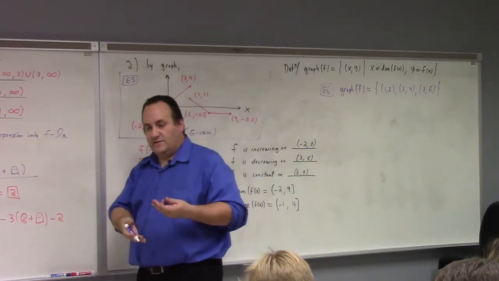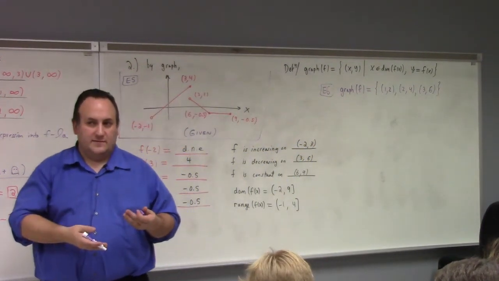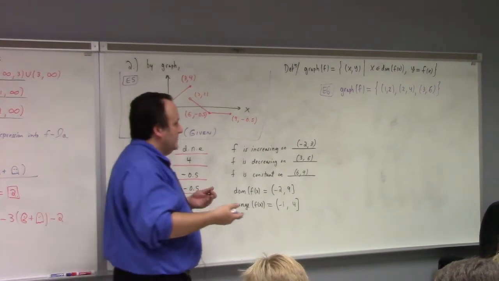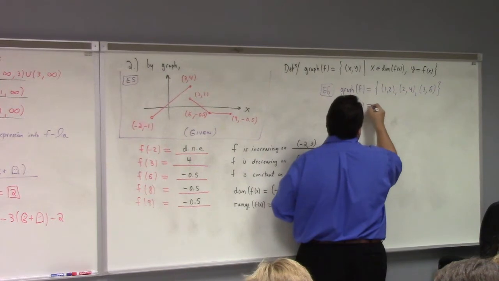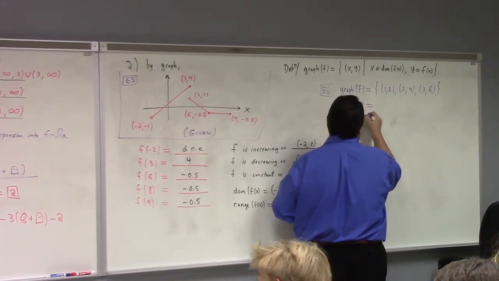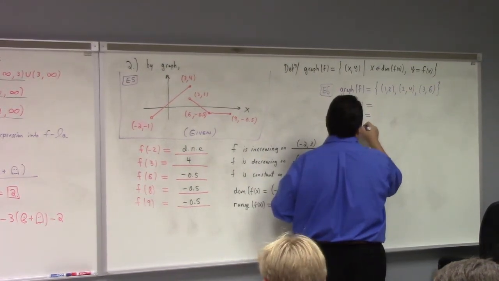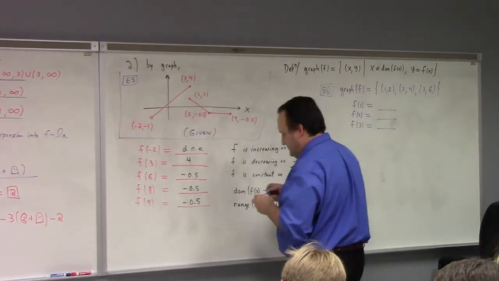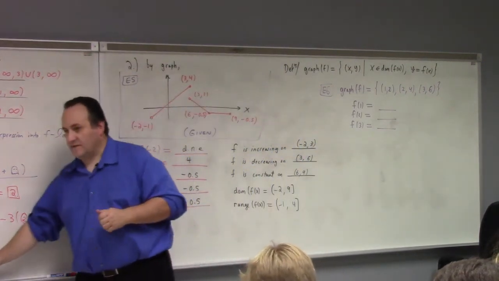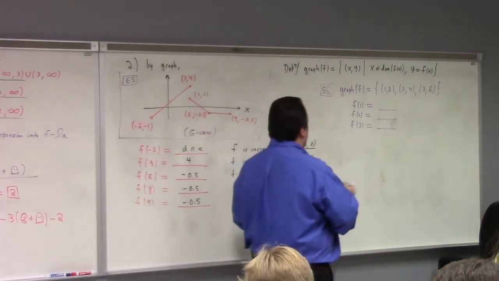This is a way they could describe a function. This is a kind of boring function. What this means is that f of 1 is equal to what? f of 2 is equal to what? f of 3 is equal to what? Can you tell me? 2, 4, and 6. Correct.